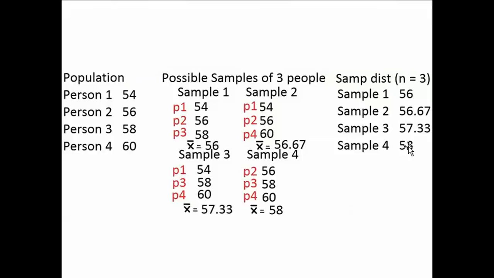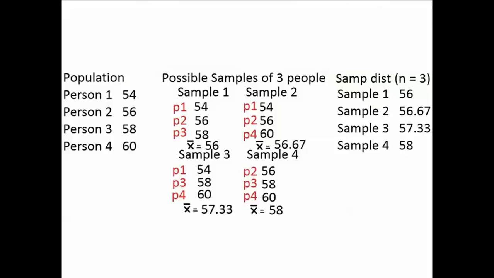And if you notice that, you would be correct, because when you go up to a bigger sample size, the sampling distribution moves in closer toward the population mean, and it becomes less spread out. And that makes sense because larger samples are more accurate than smaller samples.